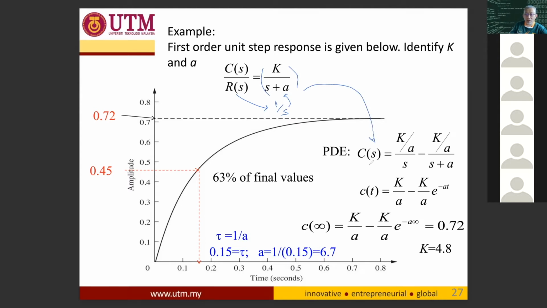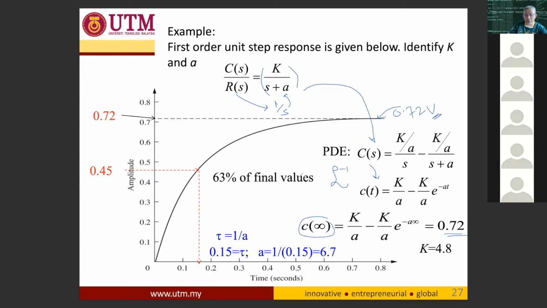So in order to find c(t), you apply inverse Laplace transform. Then find c(infinity) by replacing t with infinity, so you will get 0.72. 0.72 is the steady state output, which is here, 0.72 volt.